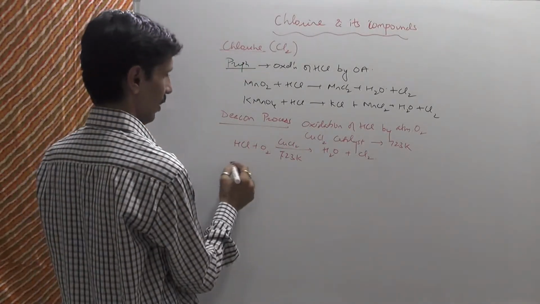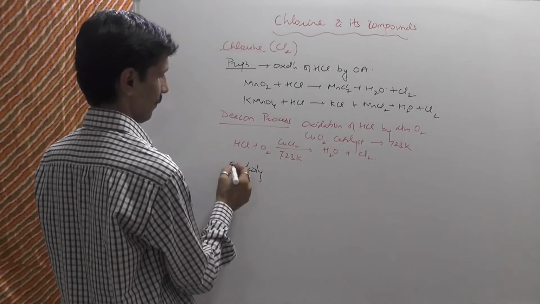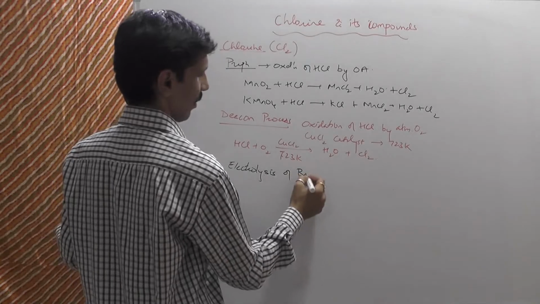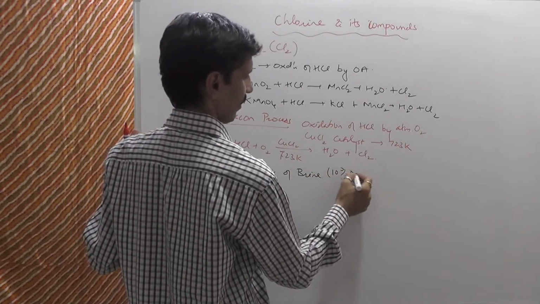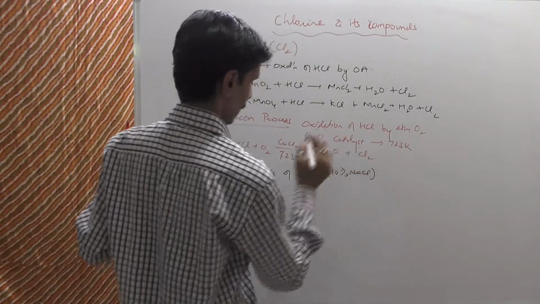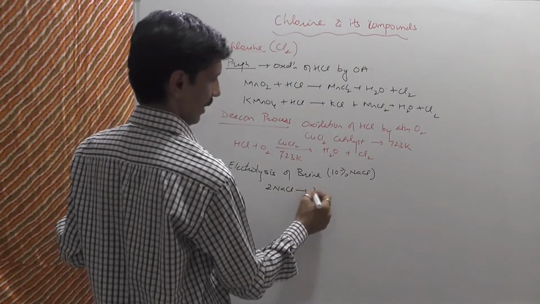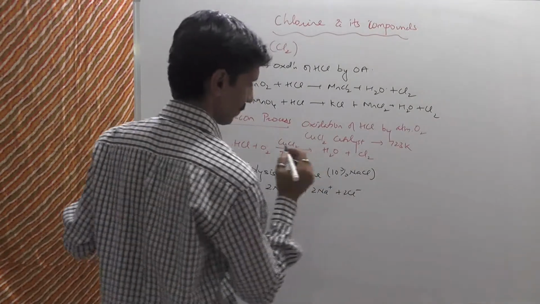इसके बाद we go into the electrolytic process. Electrolysis of brine. Brine मतलब normally we talk about 10% of NaCl. So I take 2 moles of NaCl. It gives me 2 Na plus and 2 Cl minus.